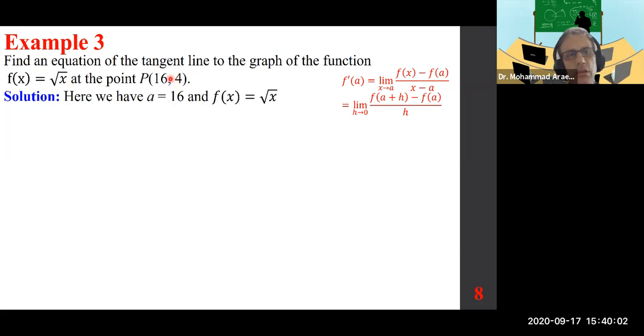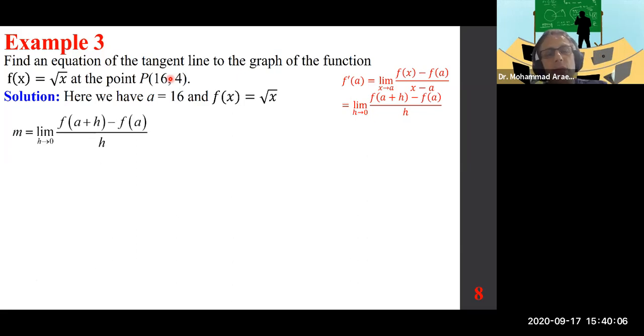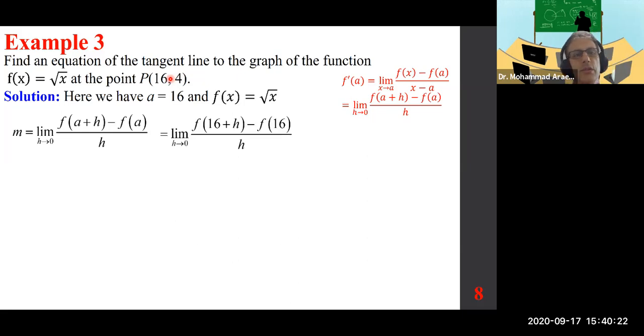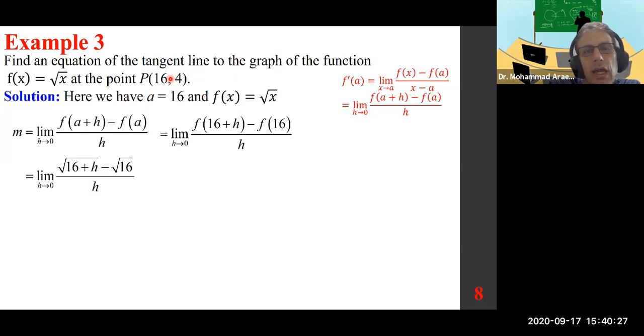So let's find again the derivative function, or then it becomes the slope when you plug in a, through the process of limit. a is 16. Okay, class. Now here's what I want to make a point of. So this is your calculus step and you're done. Now you plug it in into the function square root of x.